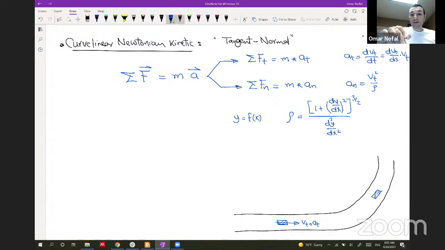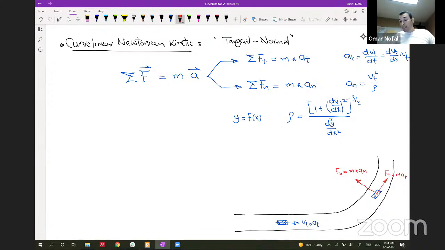Right now you will have your tangential acceleration like this, and you will also have to generate a normal acceleration, and this will be translated into forces. So you will have F tangent equal to mass multiplied by a tangent, and F normal equal to mass multiplied by a normal.